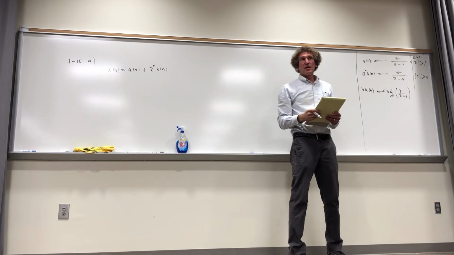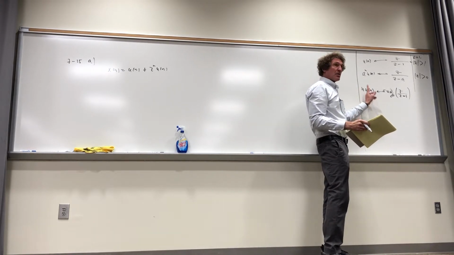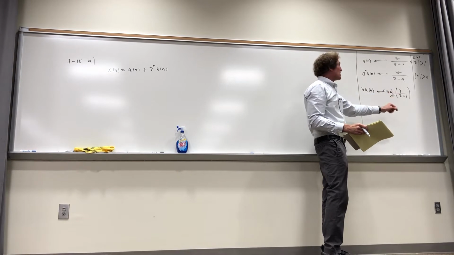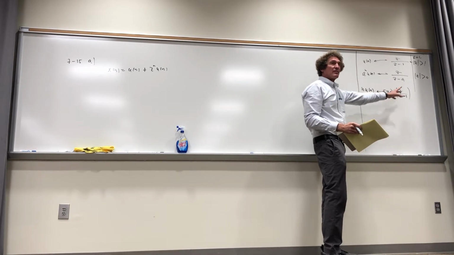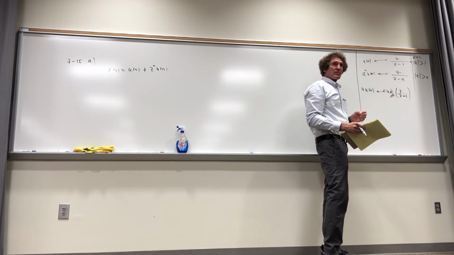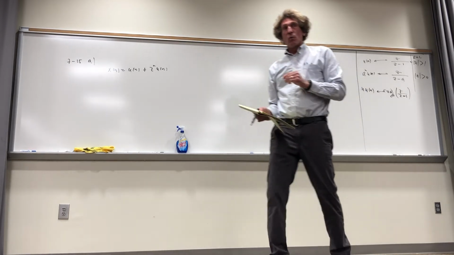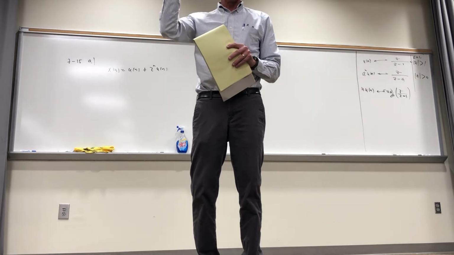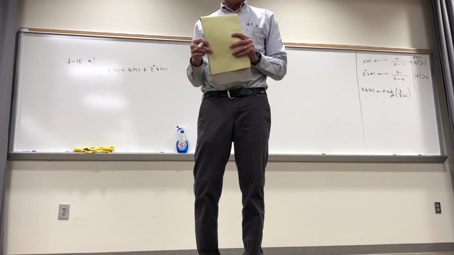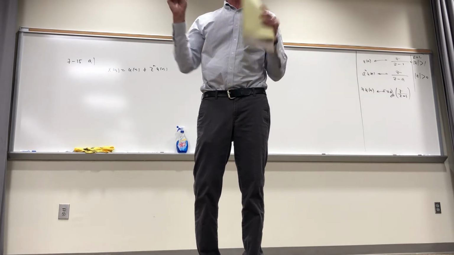If you have n times any x of n, and you know x of n goes to X of z, you simply put minus z in front and take a derivative with respect to z of X of z. Do you remember doing this type of thing for Laplace? Anytime you had like t times u of t, the Laplace transform of u of t was 1 over s, and therefore you would take the derivative of 1 over s and put a minus sign in front.